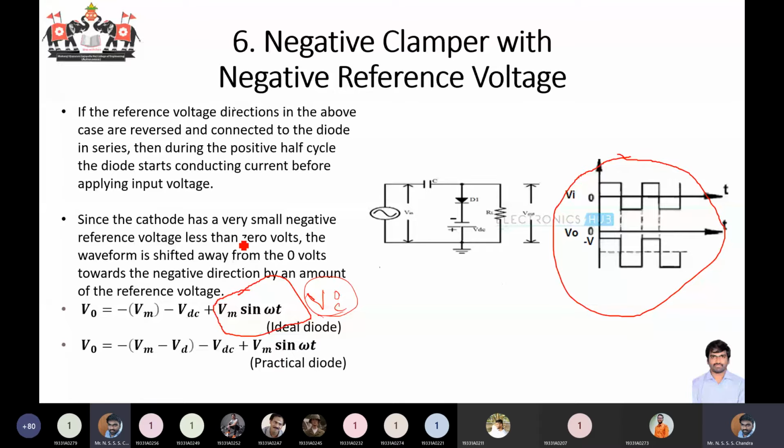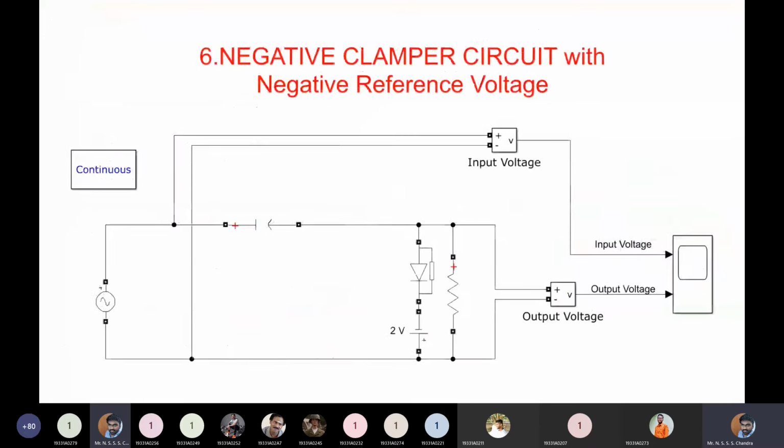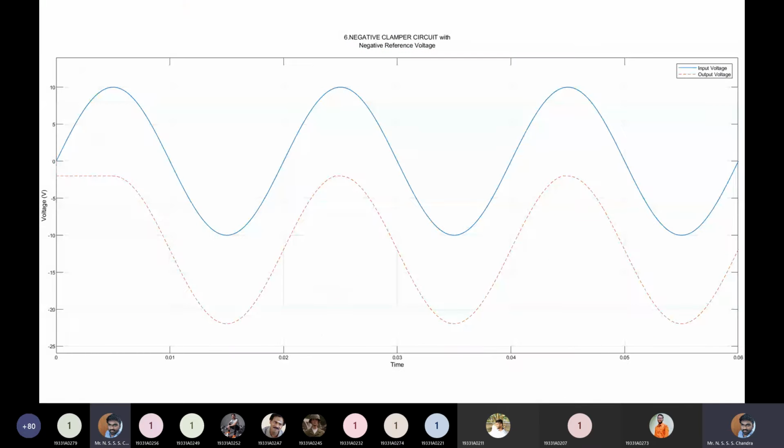Here, because we are taking a negative reference voltage, we will see a reduction in the voltage. So what is the maximum voltage that you are observing in the output waveform? Less than 0.